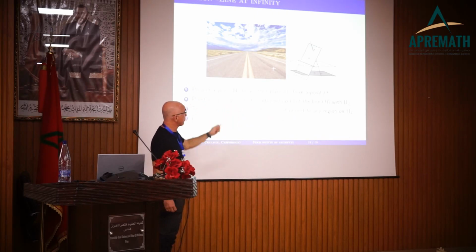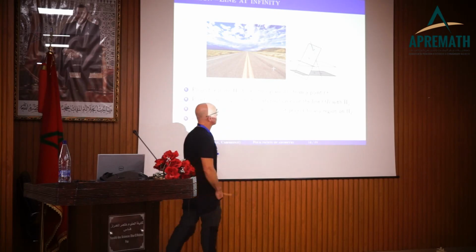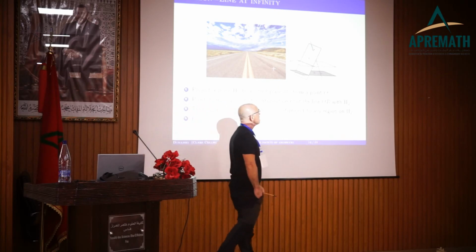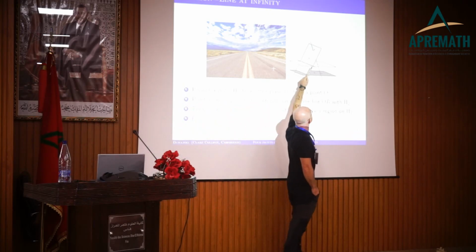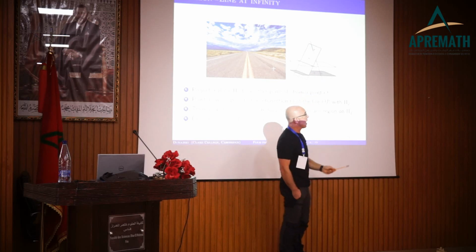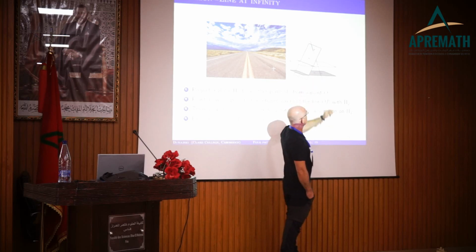Okay? And you go on and you project all the points from your plane pi1 to the plane pi2. But you find that there is a whole line of points, this line here, which doesn't go anywhere on the second plane.